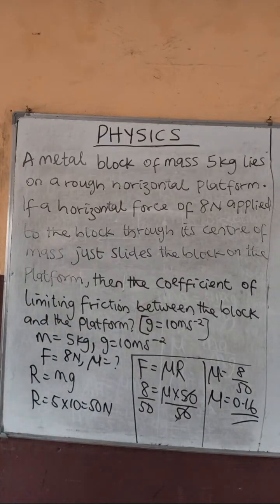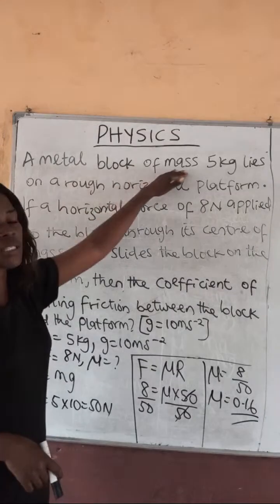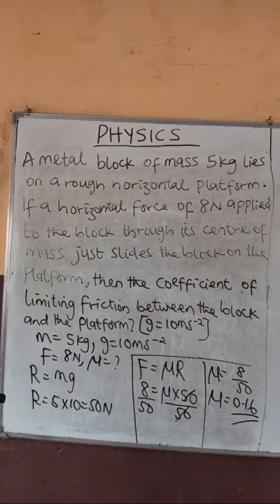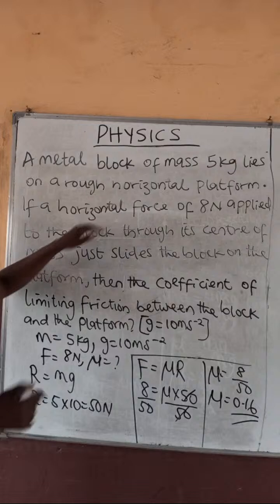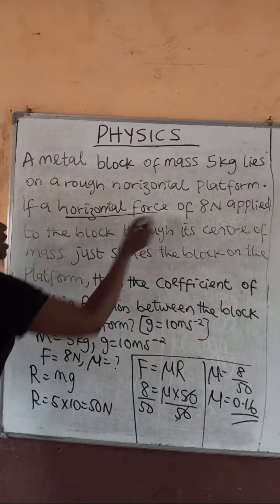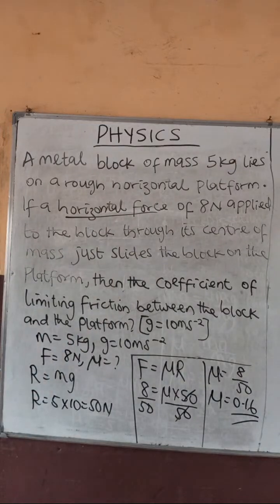With that being said, we are given the mass of the block, which is 5 kilograms, and the frictional force, which is the horizontal force, is given as 8 newtons. Now, how do we get the coefficient of the limiting friction? You can get it if you get the reaction. Reaction is mass times acceleration due to gravity g.